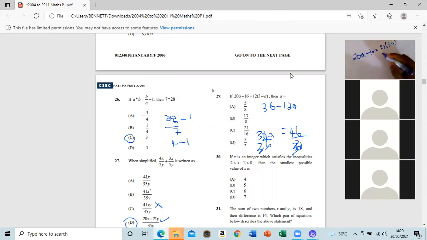So now we're going to expand the bracket. We get 36 minus 12a. So now we group the like terms, right? So this 12a is going to become positive. So it's 32a, and we have 36 plus 16. Oh, so this is actually 52. So it's 32a equals 52, and we divide by 32.